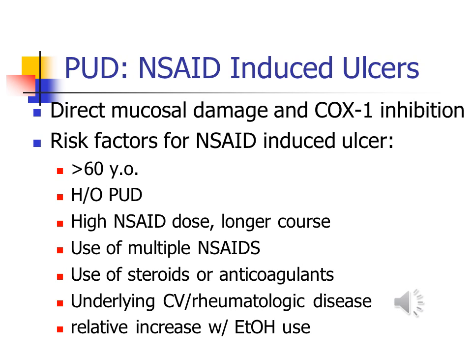Cyclooxygenase 1 is actually protective to the gastric mucosa, so inhibiting this cyclooxygenase enzyme can lead to an increased risk for gastric bleeding. There's some other risk factors that are associated with NSAID-induced ulcer listed for you here: advanced age, history of previous ulcer, a higher NSAID dose and a longer course, using multiple NSAIDs at the same time, patients who are on steroids, which can decrease the healing rate of a gastric erosion, or patients on anticoagulants, which can obviously just make them more prone to bleed, as well as underlying cardiovascular rheumatologic diseases, relative increases with alcohol use as well.